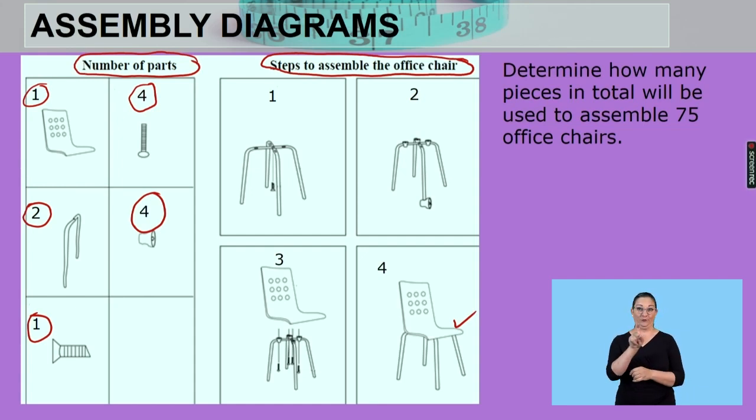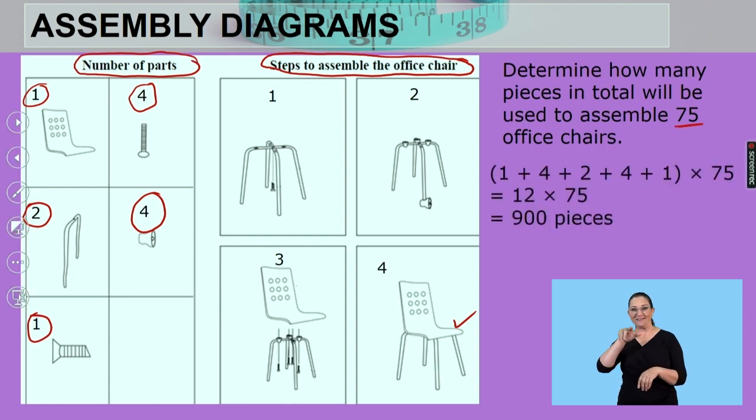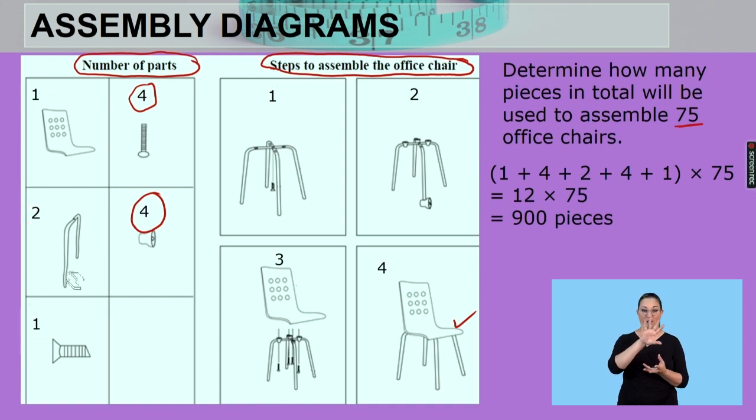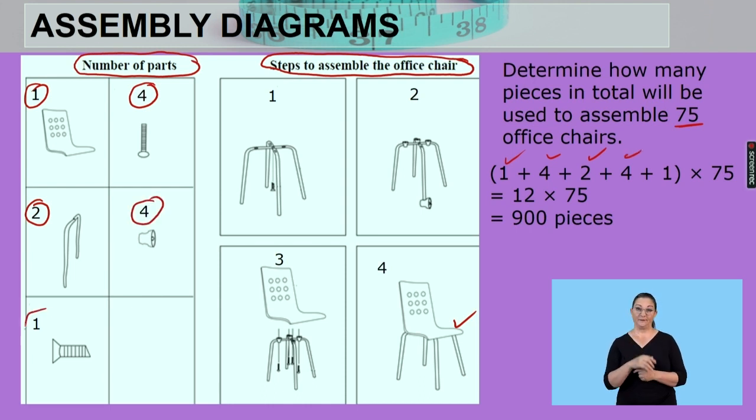So let's read the question. Determine how many pieces in total will be used to assemble 75 office chairs. So let's see what I've done. Let's get rid of those so we can recount them. 1 of those, plus 4 of those, plus 2 of those, plus 4 of those, plus 1 of those.